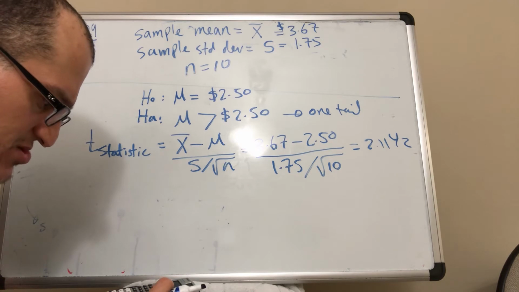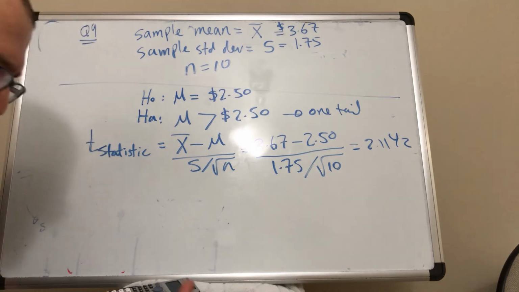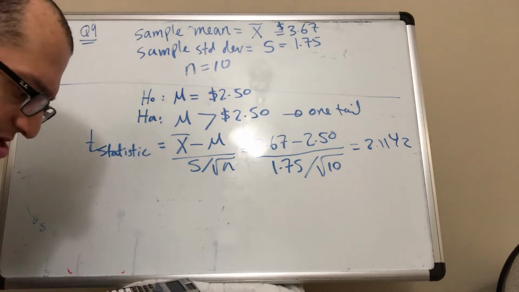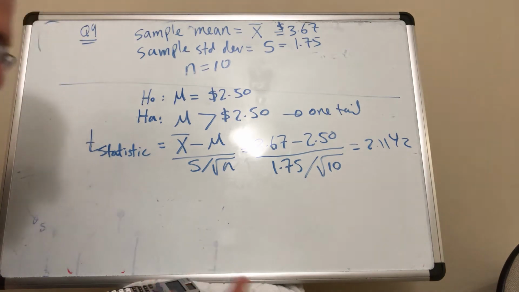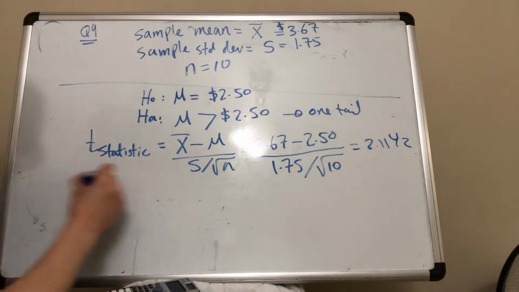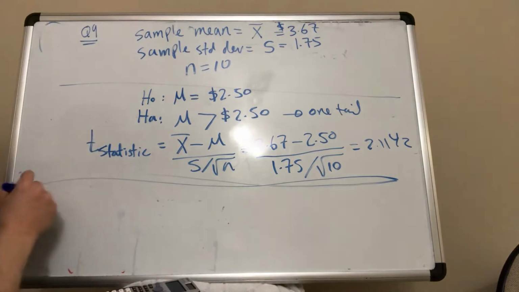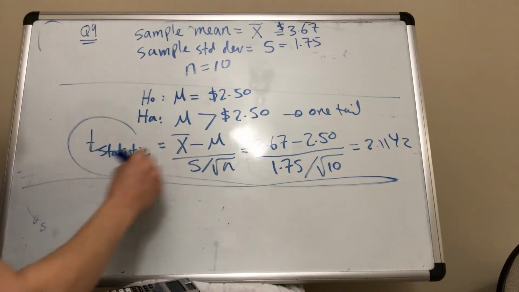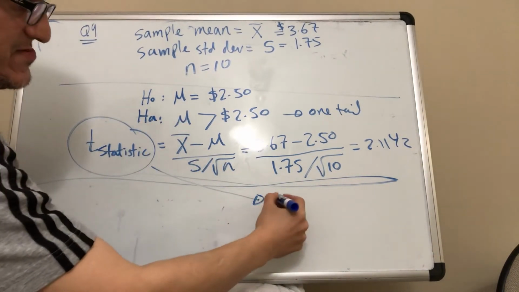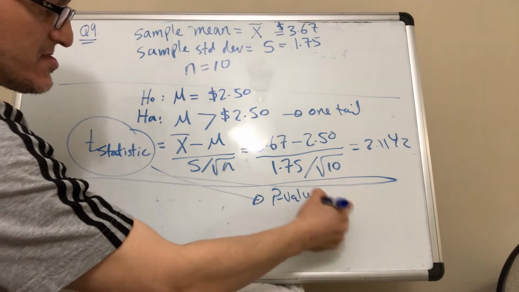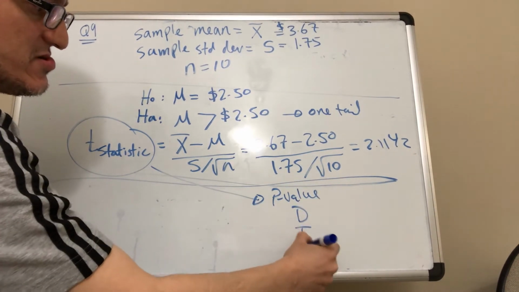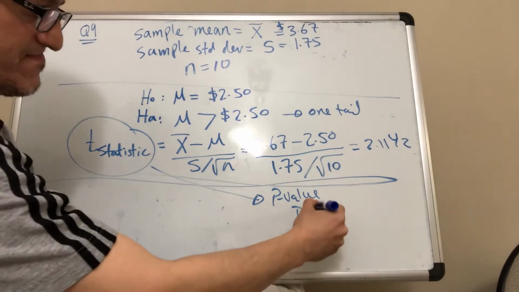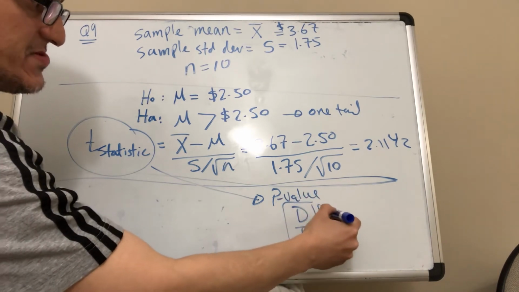Now you want to find the p-value and the conclusion. How do we find the p-value when it's t? Right away you need your degrees of freedom.